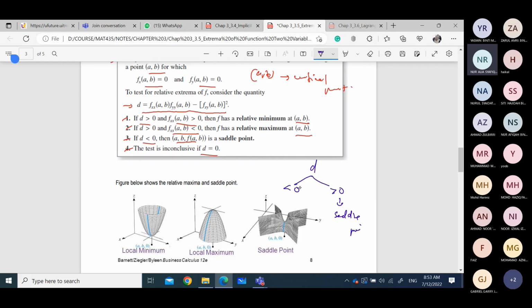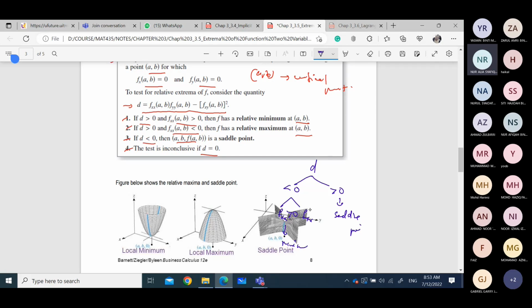If we have D greater than 0, we have two situations here. So we need to look at the second order derivative with respect to x. If the second order derivative with respect to x is greater than 0, this means the surface has a relative minimum. Okay, macam tu.